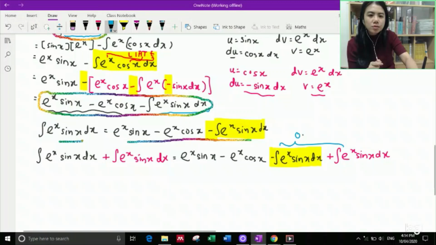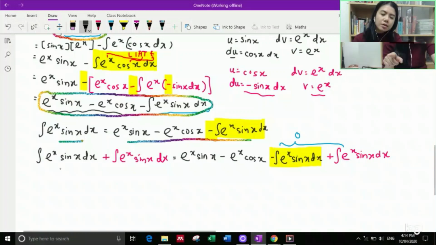Alright, now let's simplify it. For the left hand side, because the item appears twice and they are added, you have to add them together.